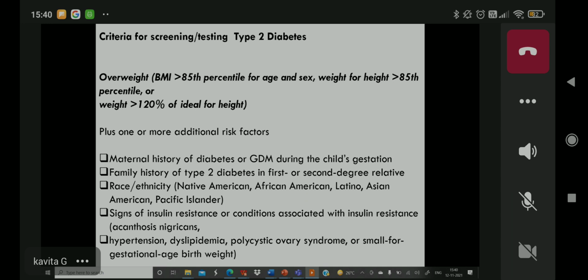That is defined by the WHO's BMI more than 85th percentile. Plus, for type 2, if anyone has a maternal history of diabetes, a family history of type 2 diabetes, a race or ethnic predisposition, insulin resistance, and then anything in the metabolic syndrome, hypertension, etc.